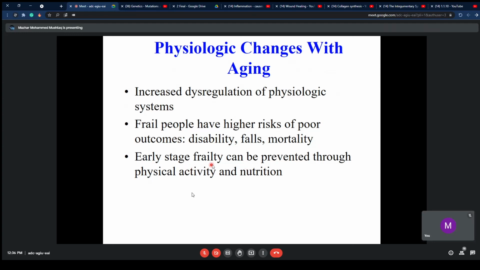Early-stage frailty can be prevented through physical exercise and nutrition. As I told you before also, through proper physical activity. It's not that after one month you run from Jeddah to Dammam to increase your lifespan. But if you do that regularly, take a walk, that is the best one.